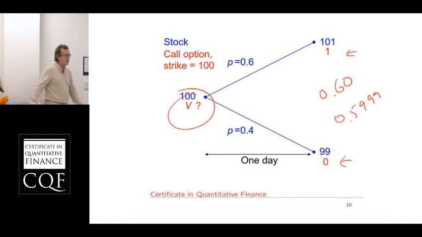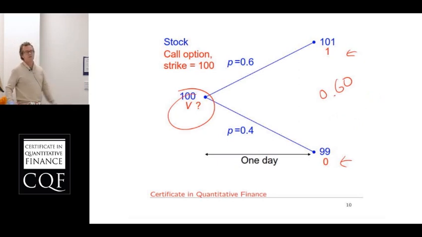And maybe, is that where your 0.5999 came from? Or not? Where did your 0.5999 come from? Some discounting factor. Oh, no, because interest rates are 0. Okay. So we scrub that one. All right. Normally you'd say something like, well, I'm going to pay less than that. Because if I'm going to play this game, if I'm going to gamble on this option, I want a positive expectation. Okay.